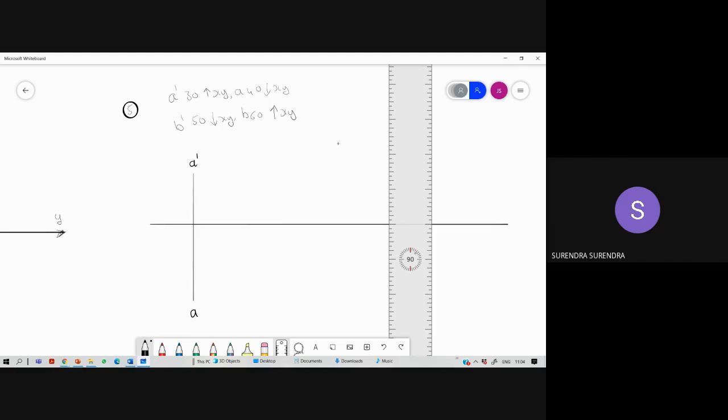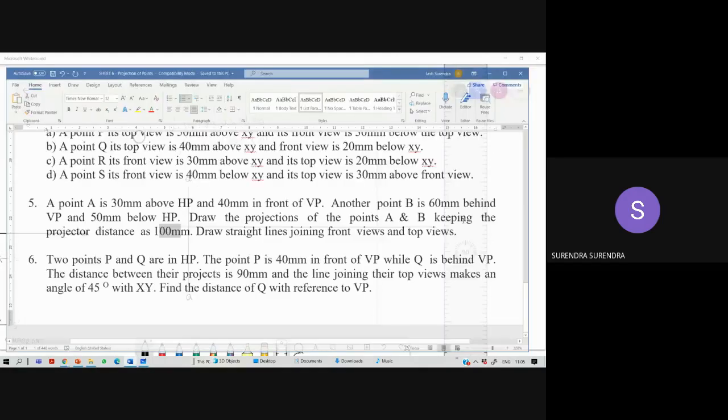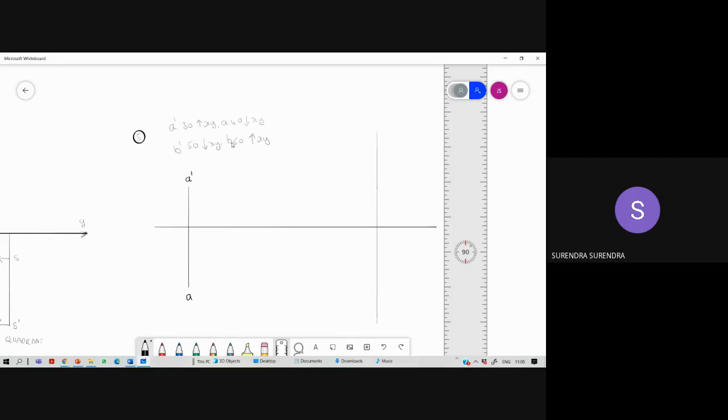So mark the points using 2H pencil: B dash 50 mm below and B 60 mm above XY line.